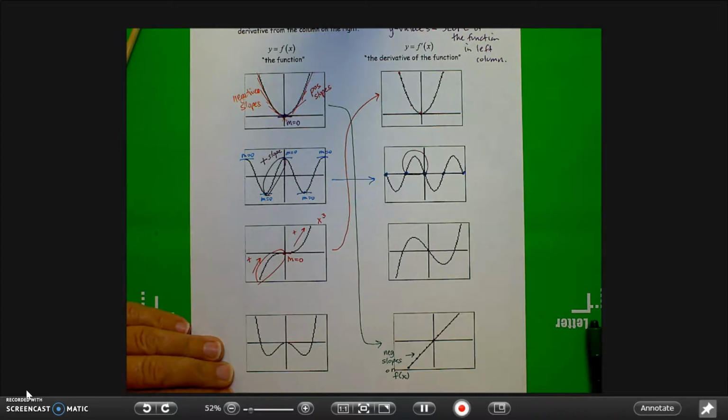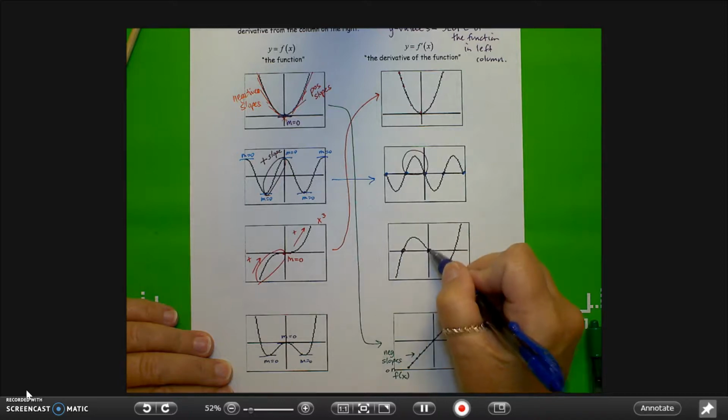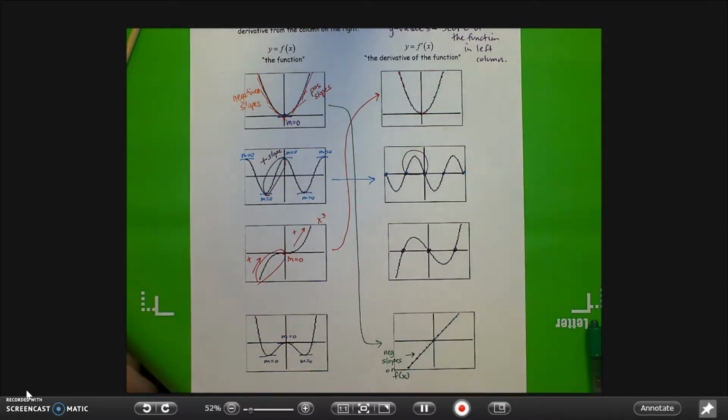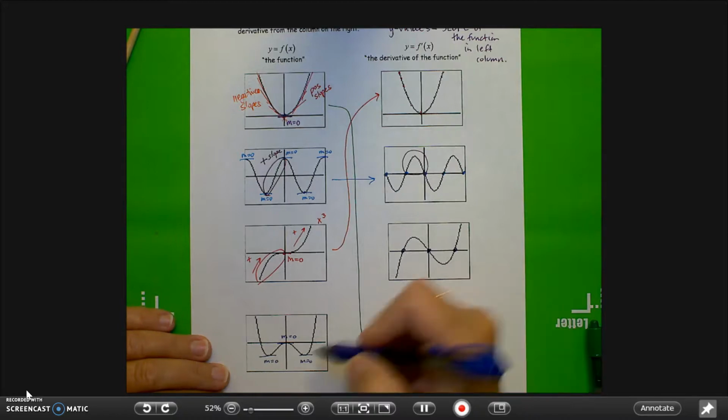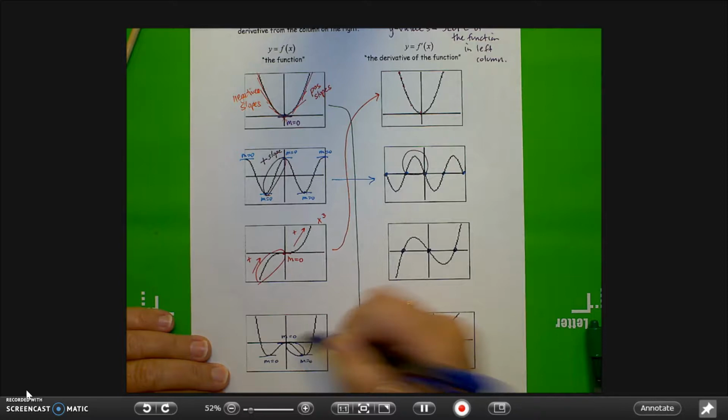Finally, there's only one left, but we can just confirm that it works. I'm going to start here with my horizontal tangents, where I have 3 slopes that are 0. I'm going to look to see that my only graph that's left has 3 zeros, and it does. There's 1, 2, 3, and I'm just going to pick one segment just to make sure that the graph is doing what I expect it to do. So I'm going to look at this area here.